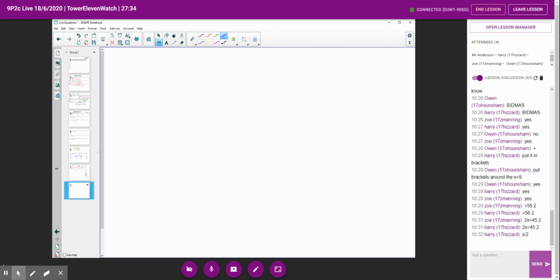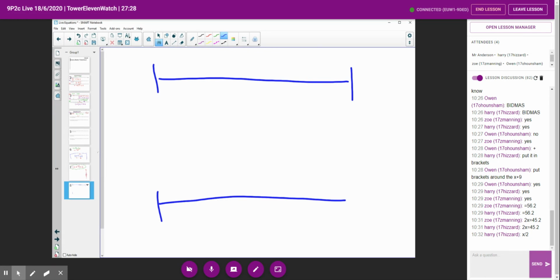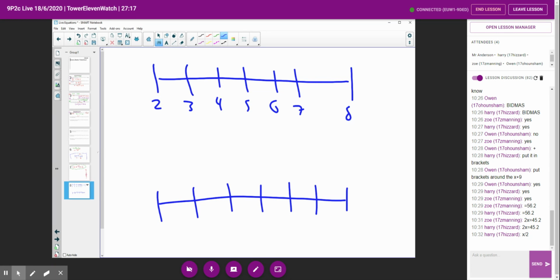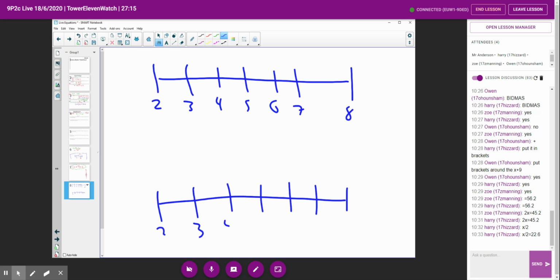I'm just going to remind you very quickly, using a number line, of one or two basic things we can do. And this will get the idea across to you, hopefully. Right, 2, 3, 4, 5, 6, 7, 8.